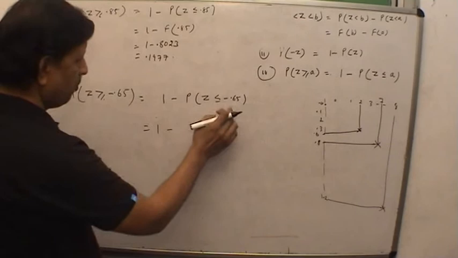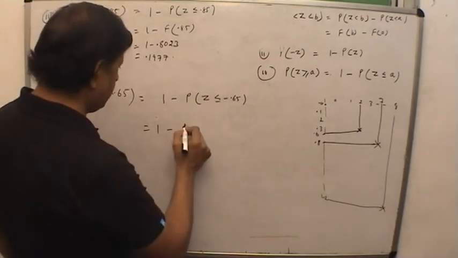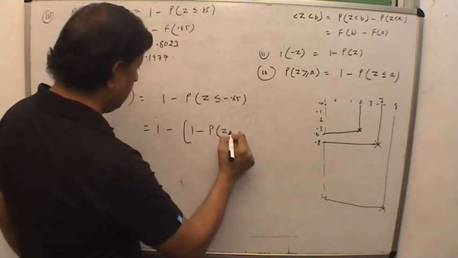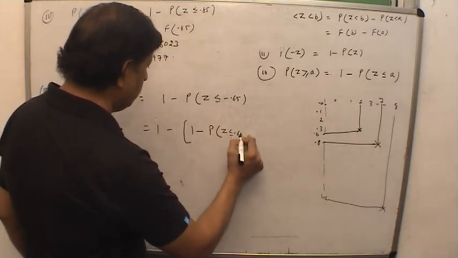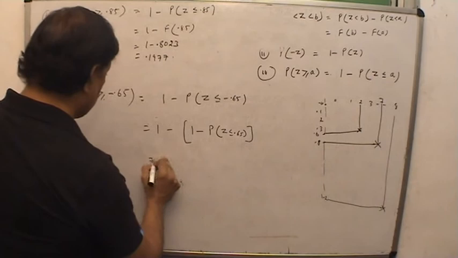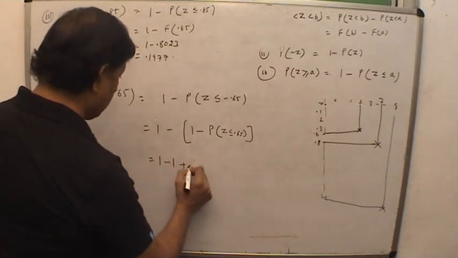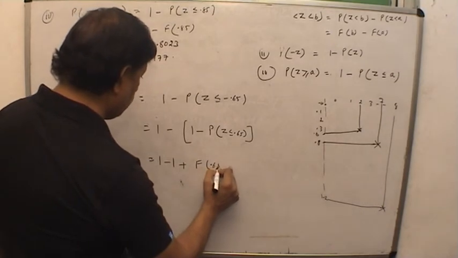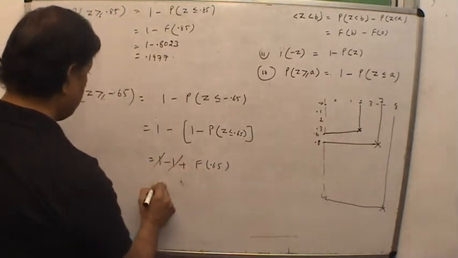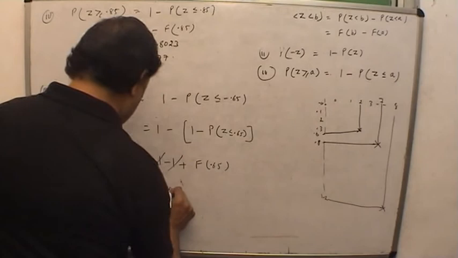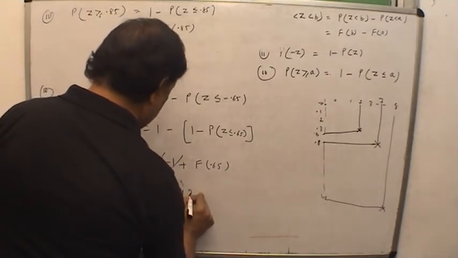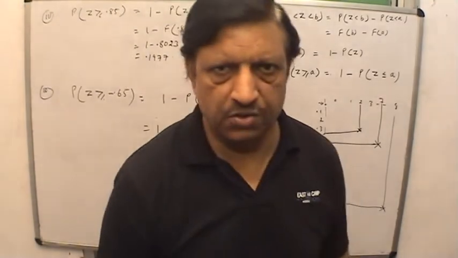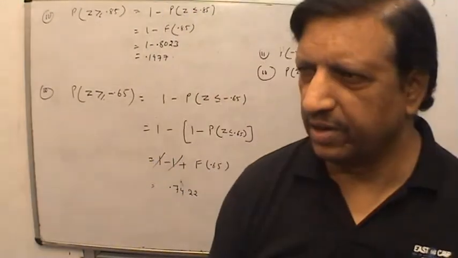Here again we will have to convert this minus, so it is 1 minus P(Z less than or equal to 0.65), that is equal to 1 minus 1 plus F(0.65), that cancels, that is equal to 0.7422. It is a simple result based upon the standard normal variable.